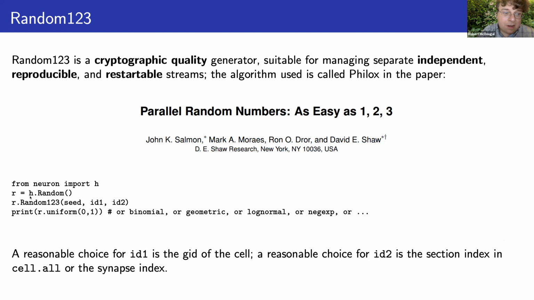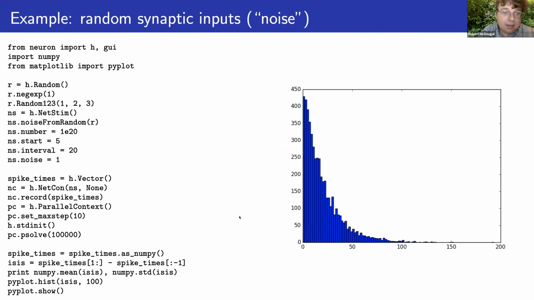In particular, Random123 gives us three parameters to use. You can think of this as a seed and two identifiers. Let's say I want random synaptic inputs. This is a Poisson process, so negative exponential delays.